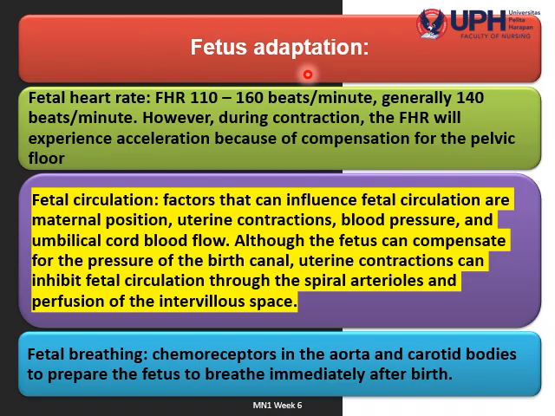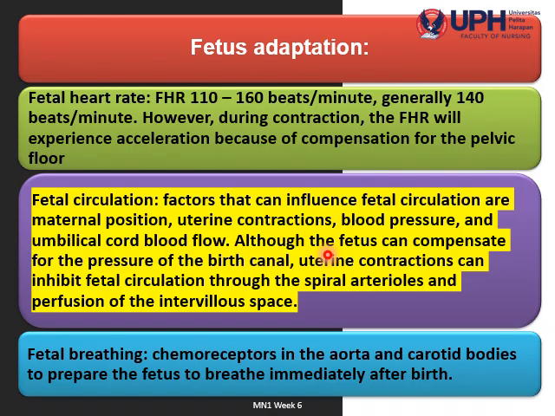So during the labor, the fetal heart rate that is normally 110 to 160 beats per minute will then be generally around 140 beats per minute. And during the contraction, the fetal heart rate will then accelerate because of the compensation for the compression inside the pelvic floor. And then talking about the circulation of the baby, there are a few factors that may influence the fetal circulation, such as the maternal position, uterine contractions, blood pressure, and even umbilical cord blood flow.